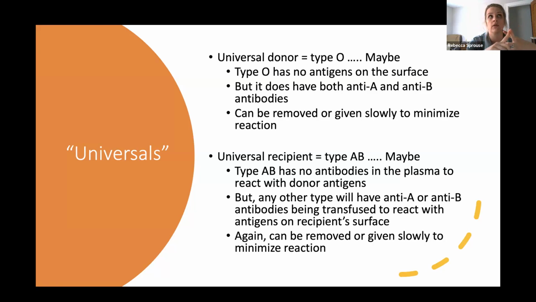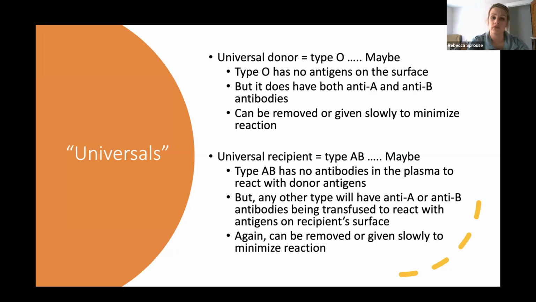Or you can also give the recipient some type of medication to help prevent that reaction occurring. Now, that's donor. So you can imagine that that's the universal donor because it doesn't have any antigens on its surface to react with antibodies in somebody else's bloodstream, right?